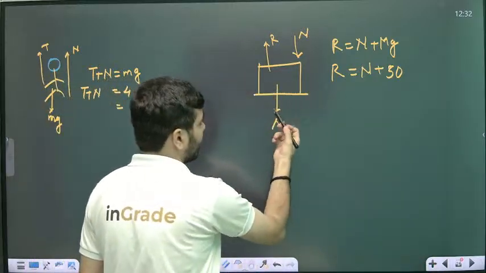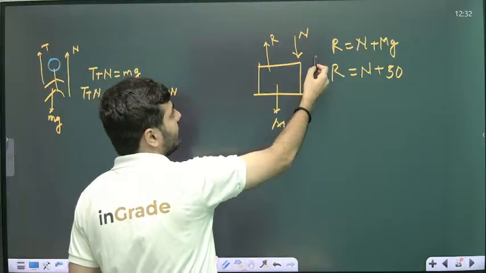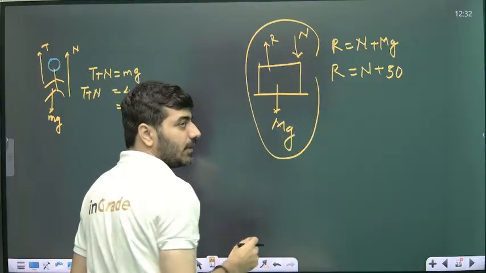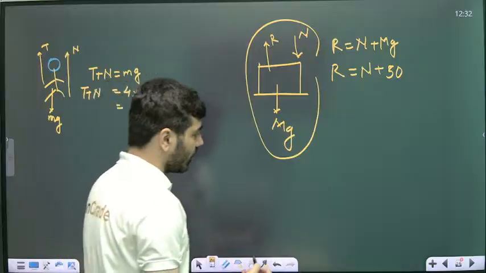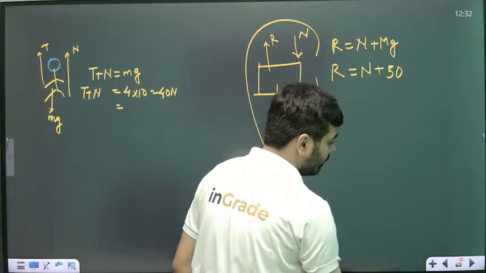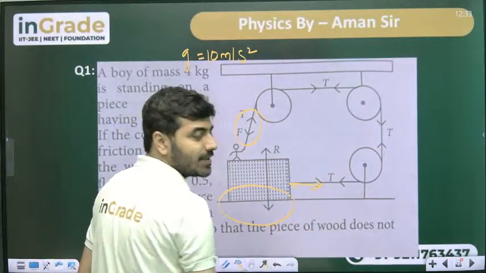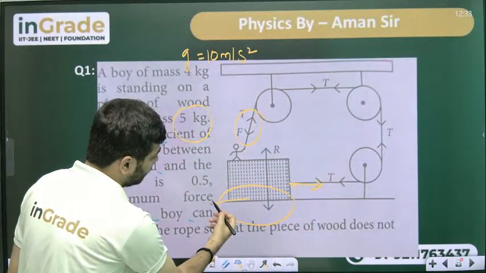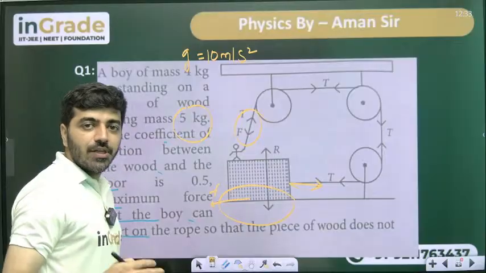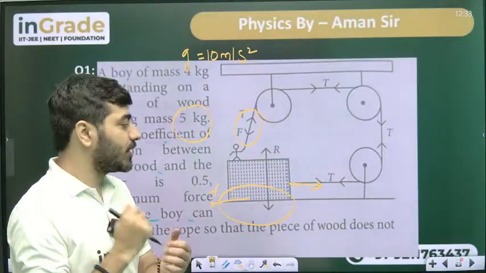This time we balance the vertical part; now the horizontal part of the wood block and the surface. Because tension is acting in this direction, friction is acting in this direction. Friction always opposes the motion.